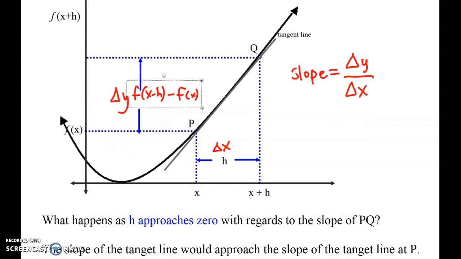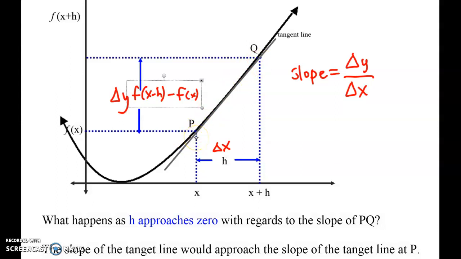Now what happens as h approaches 0? As the distance between points P and Q here, this h, gets smaller and smaller, what happens to the slope of the line PQ here?